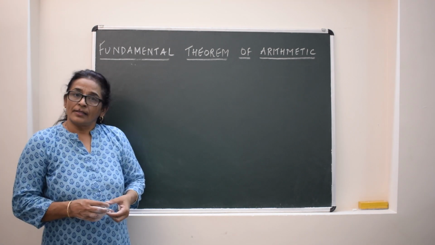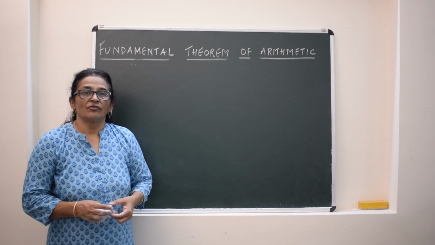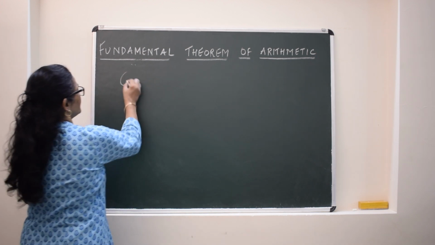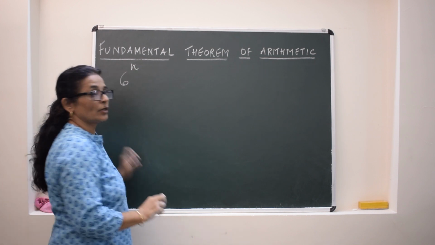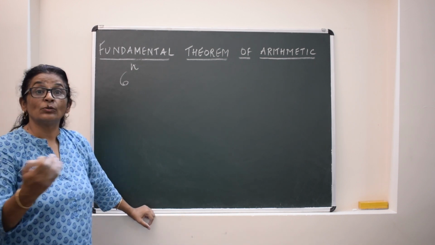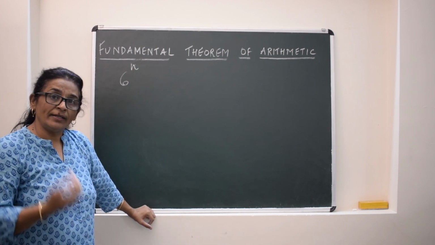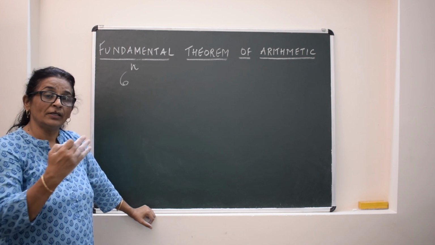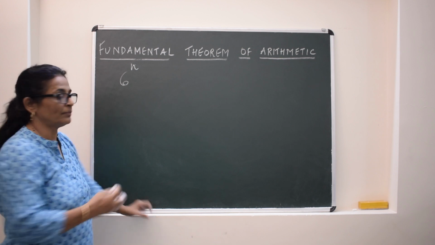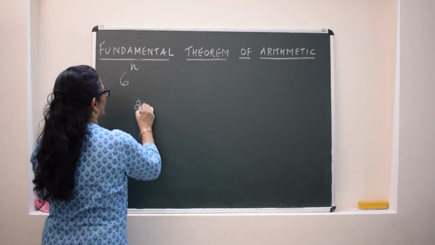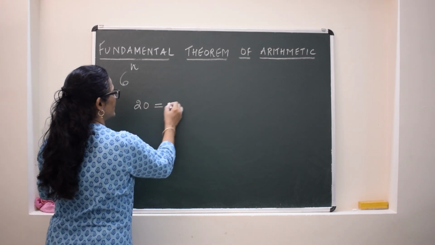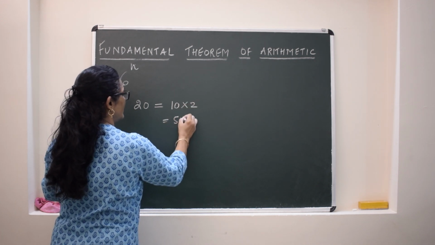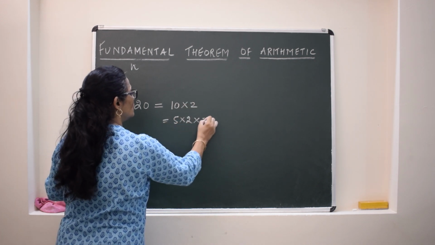Okay. There are some uses of the fundamental theorem of arithmetic. There are some questions like: prove that 6 to the power of n cannot end with 0. If any number ends with 0, the prime factors of that number should be 2s and 5s. For example, 20 can be written as 10 into 2, or 5 into 2 into 2.